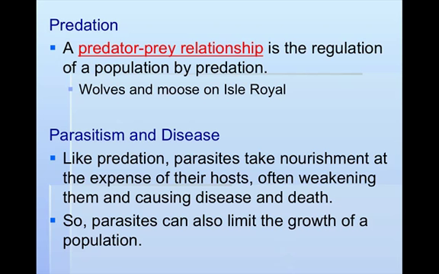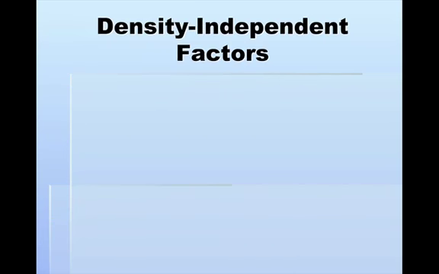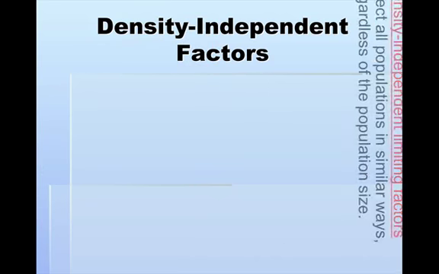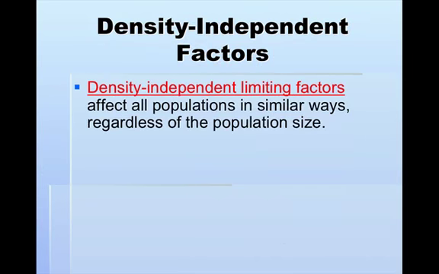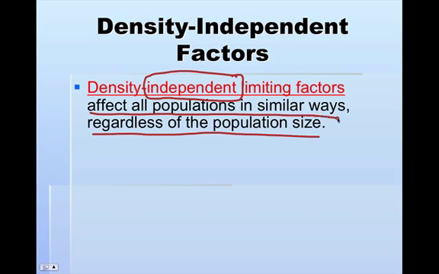The other type of factor is density-independent factors. Density-independent limiting factors affect all populations in similar ways, regardless of population size. Independent means they do not depend on population size. So these affect all populations in the same way, whether they're big, medium, or small.